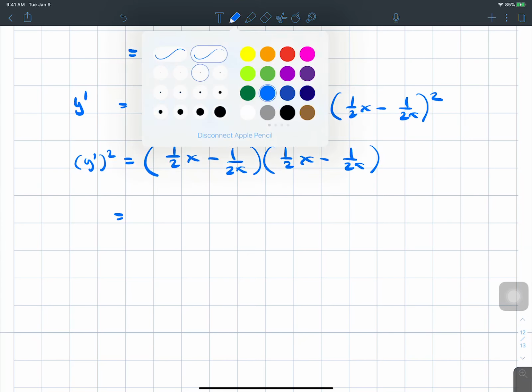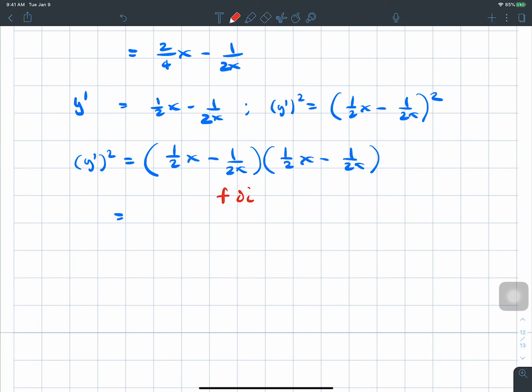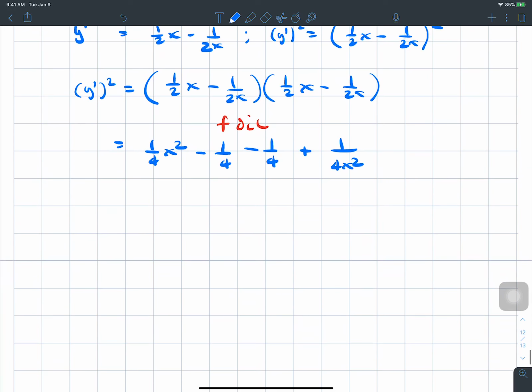Now, we multiply again, which really means use FOIL. And we'll get 1/4 x squared, outer term, minus 1/4 inner term, minus 1/4 plus 1 over 4 x squared. And you end up with 1/4 x squared minus 1/2 plus 1 over 4 x squared.